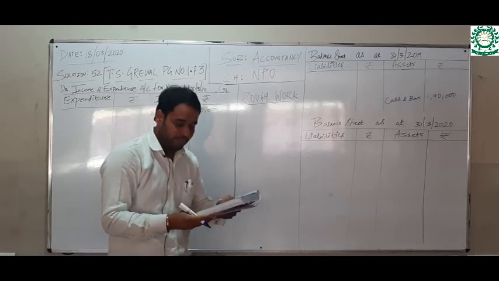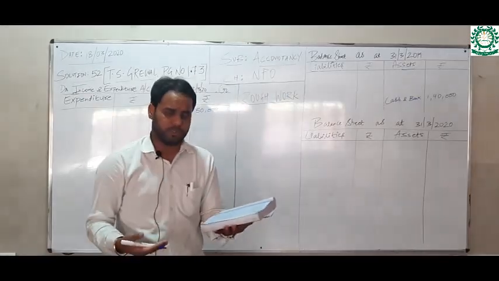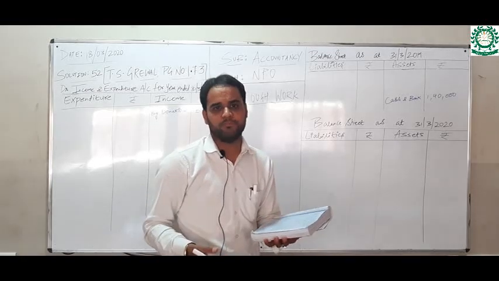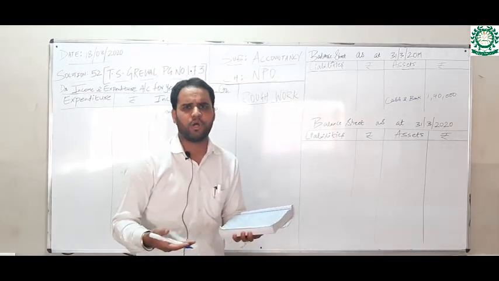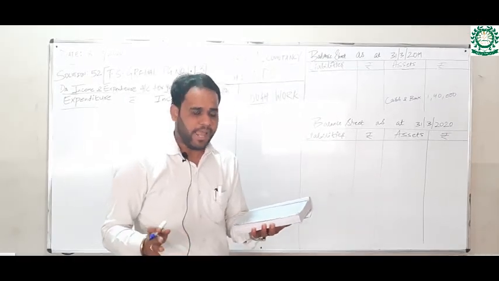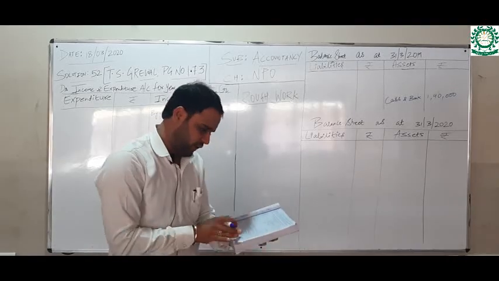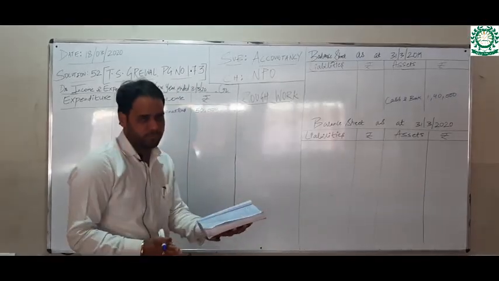Yes. So after donation, the next item is subscriptions. Basically, subscriptions is nothing but the amount paid by the members of NPO periodically, maybe quarterly, maybe half yearly, maybe yearly, so that the membership remains alive and active. So we do have subscriptions of rupees 1,20,000. But if we go further, we have a few adjustments for subscription.